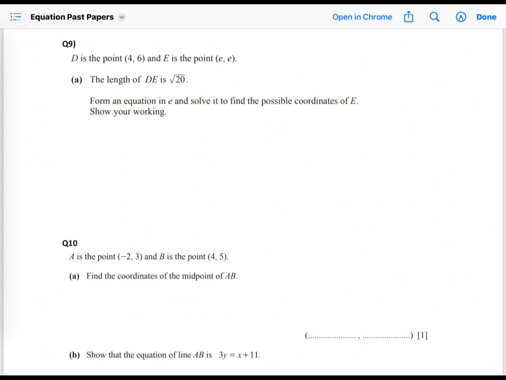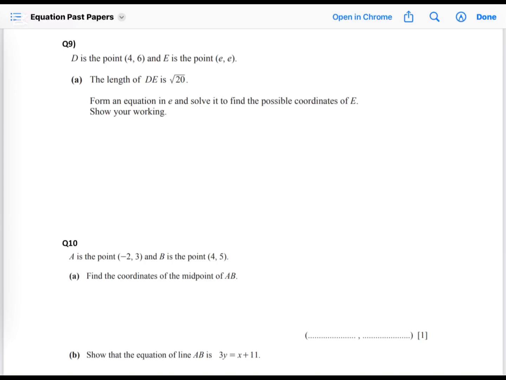Form an equation in e and solve it, finding the possible coordinates of E. Show your working. The question is very easy. You just need to understand how we can solve this and find the values of e in this question. So what we need to do, the length of DE is given as 20.